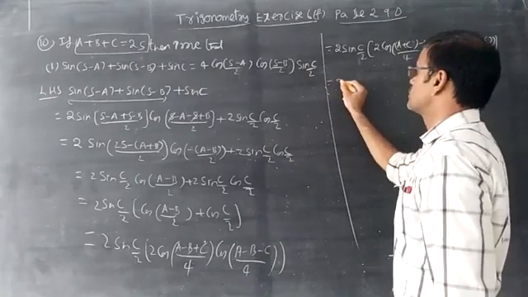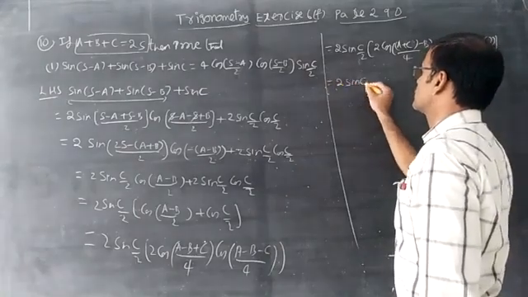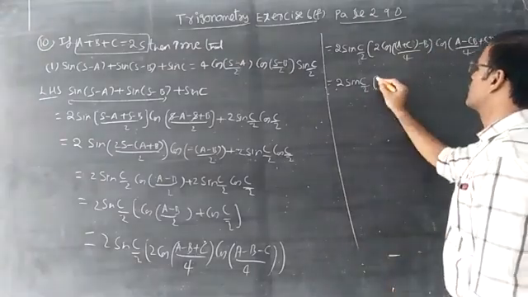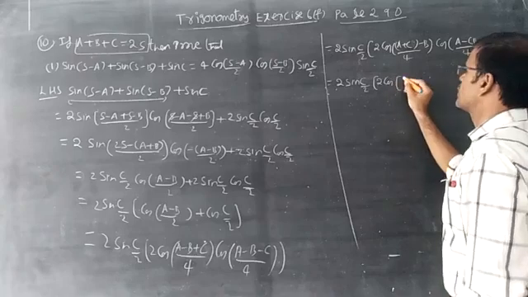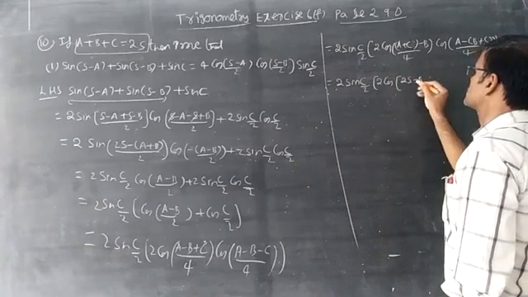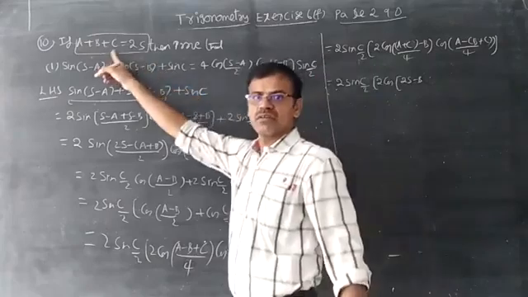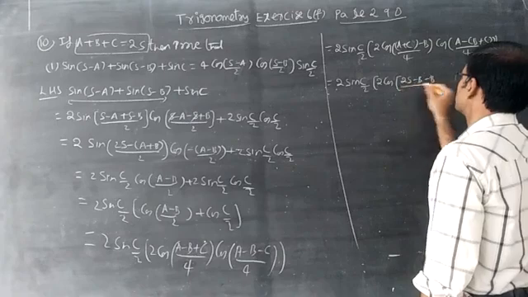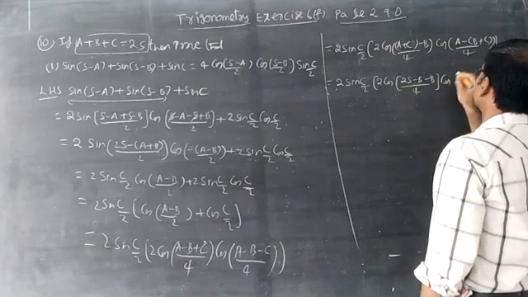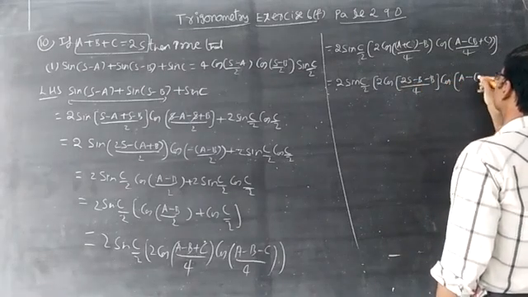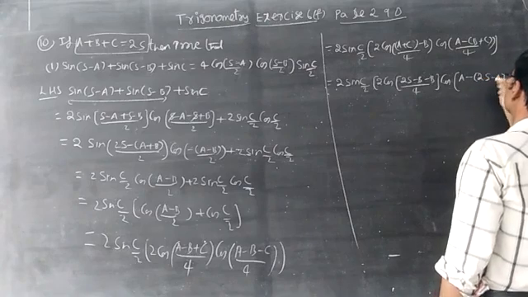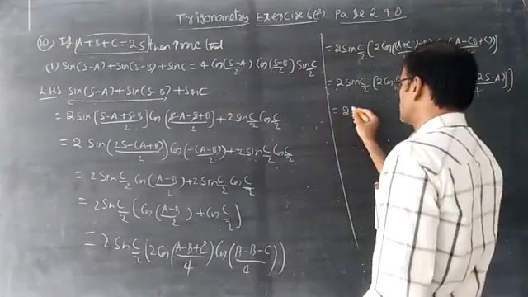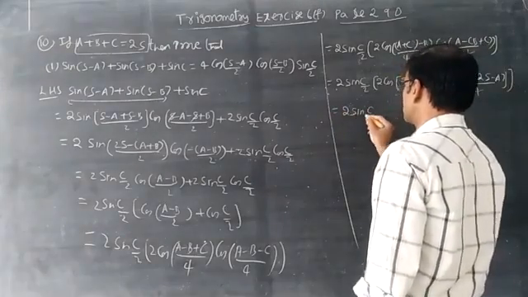That is equal to 2 sin C by 2 into 2 cos of, instead of A + C, now you can understand 2s − B, so (2s − B) by 4 into cos of A minus, within the brackets you can write this is 2s − A, by 4.